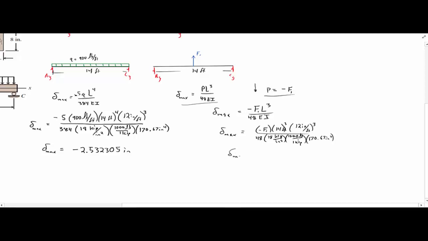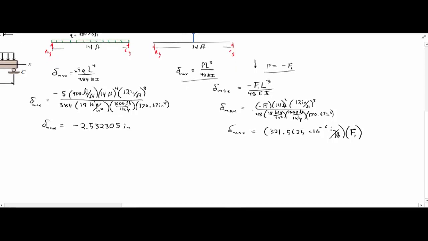And so deflection max due to the point load is going to be 321.5625 times 10 to the negative sixth, and this is inches per pound, right? Because we don't know our force yet, and it is multiplied by our F value, F sub 1.